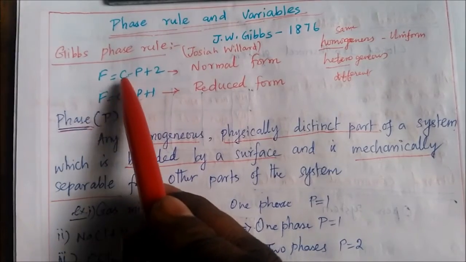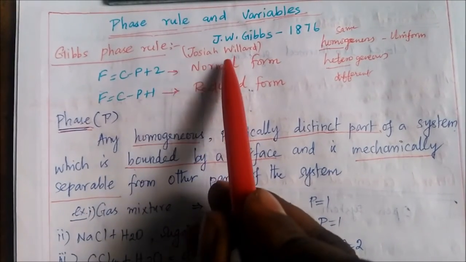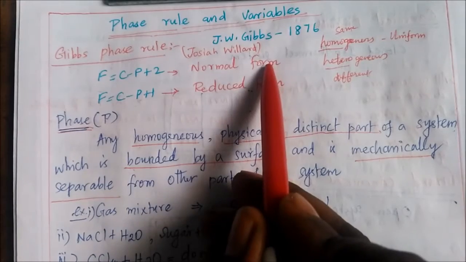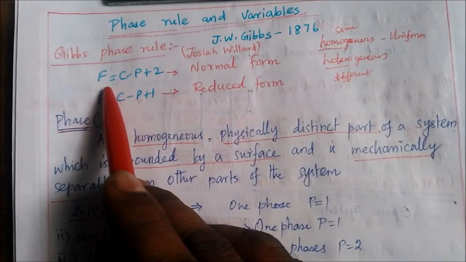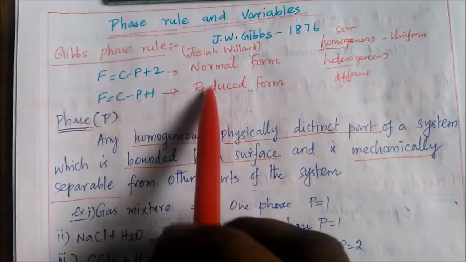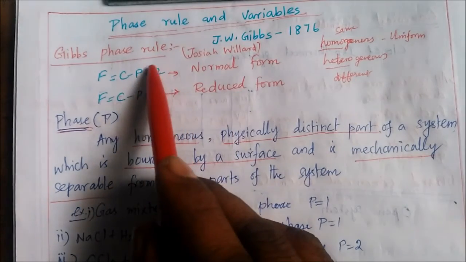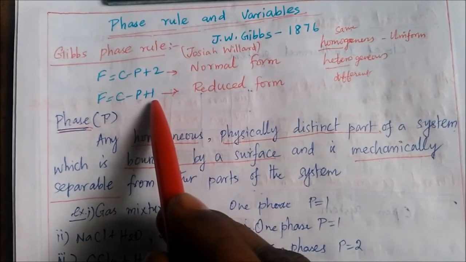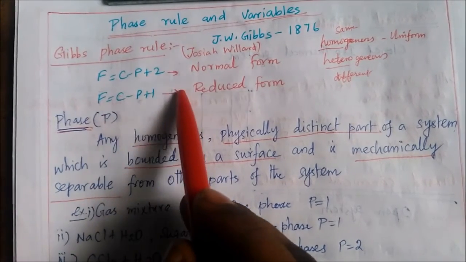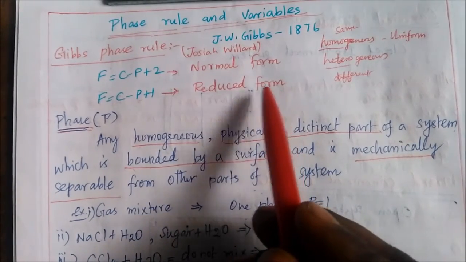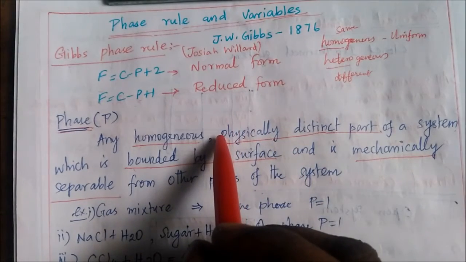F is equal to C minus P plus 2. This is the normal form of Gibbs phase rule. And what is the reduced form? This constant value of 2 is reduced to 1. So F is equal to C minus P plus 1 is the reduced form of Gibbs phase rule.